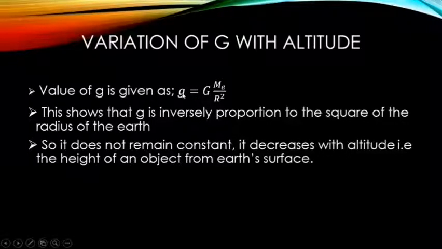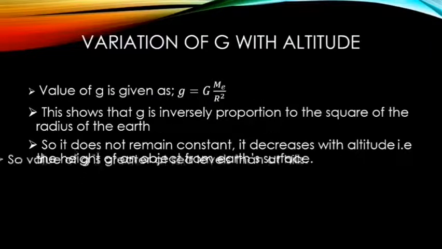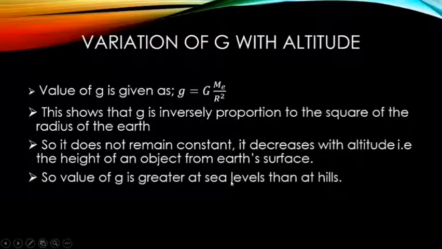When you move towards the earth, the value of g increases, and when you move away from the earth's surface, the value of g decreases. So the value of g is greater at sea level and lowest at hills.